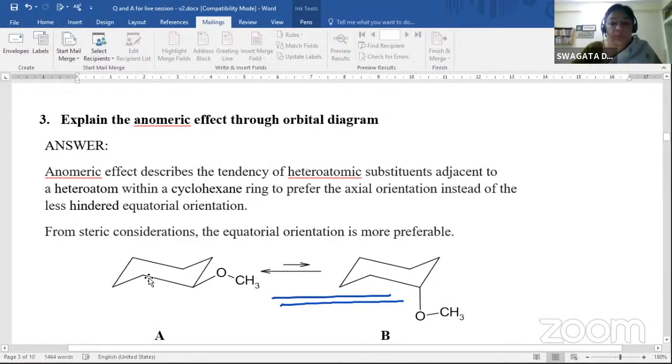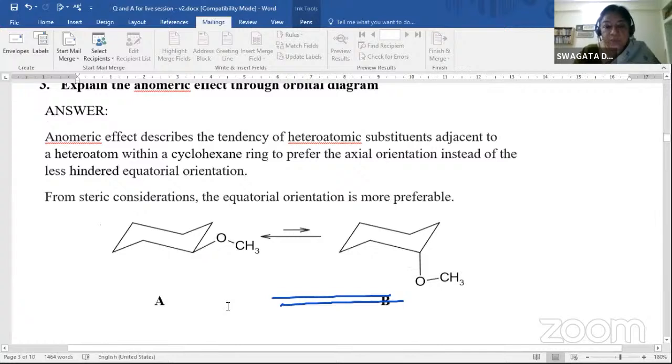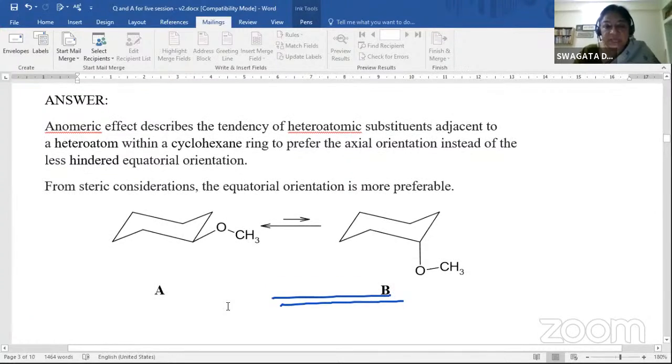Now, when we are looking at this, we try to explain the steric considerations and then determine what is appropriate for the molecule to be in its native form or in its most stabilized form. So when we look at structures like this, we know that we have a hydrogen atom here, and a hydrogen atom here.